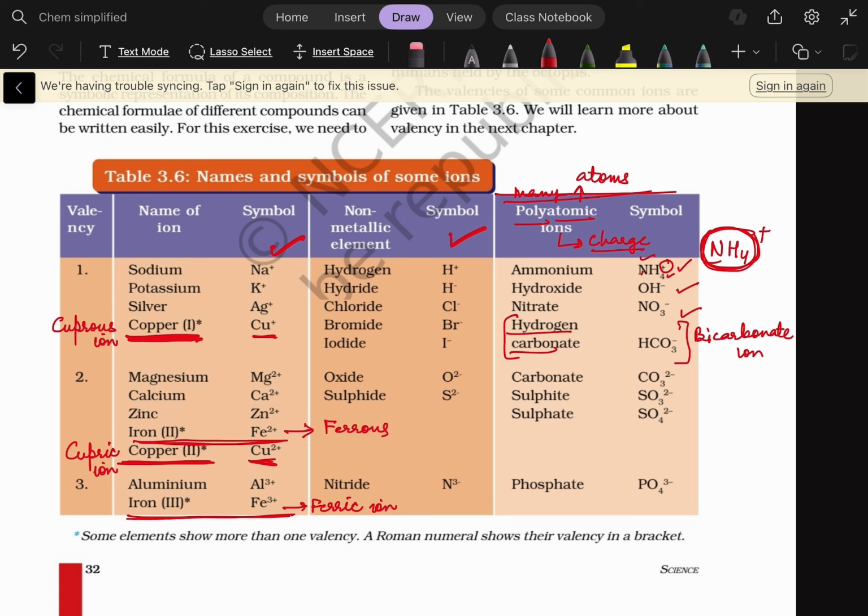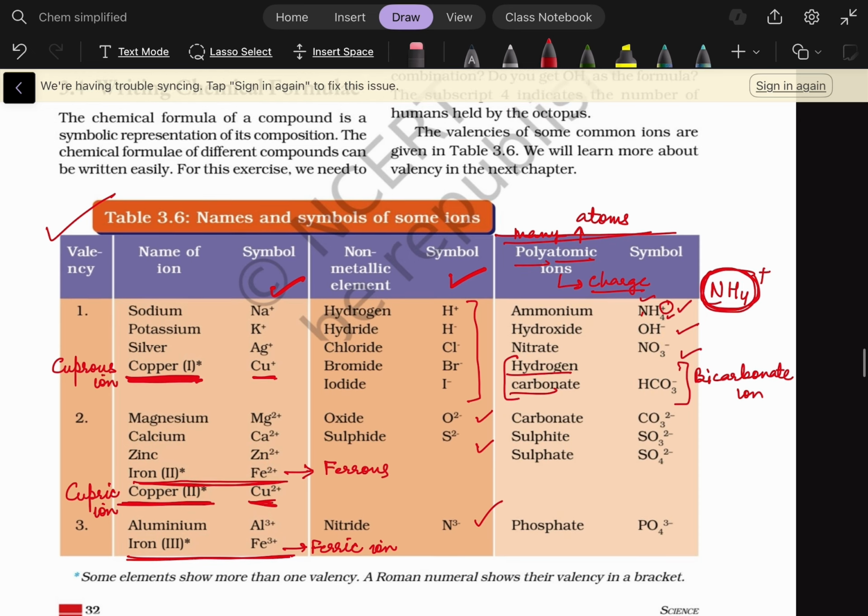And then you have negative ions like nitride, sulfide, oxide, hydride, chloride, bromide, iodide. So you have to learn these ions. You have to practice these ions with chemical formula writing, and you need to know the charges acquired on each of these ions carefully for formula writing.